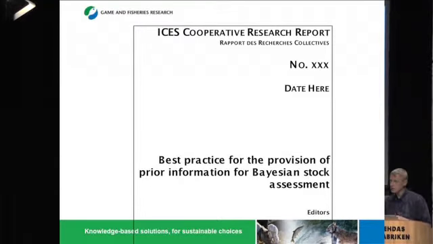The plan in the ECOKNOWS project is to write a manuscript for the ICES Cooperative Research Report series, summarizing the project's experience and our priors, so to say, concerning how we see priors and the best practices of deriving priors. This is, of course, our prior.